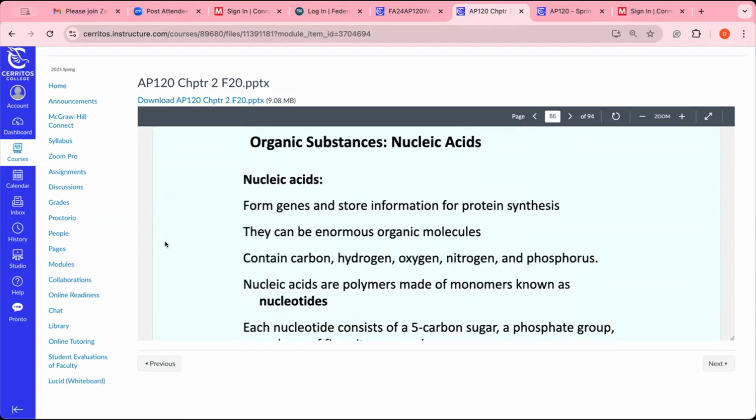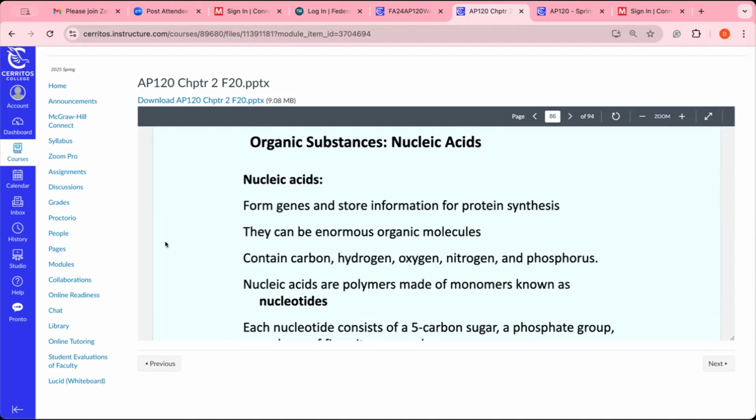Organic substances are things like nucleic acids. They form genes and they store information for protein synthesis, because genes are protein, basically. They can be enormous organic molecules. They contain carbon, hydrogen, oxygen, nitrogen, and phosphorus, okay?